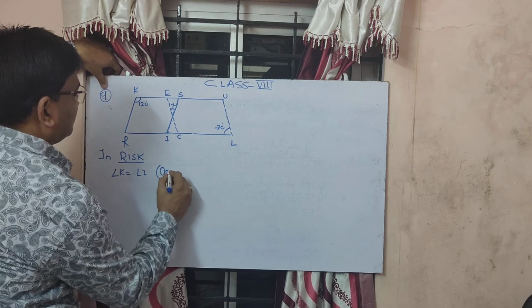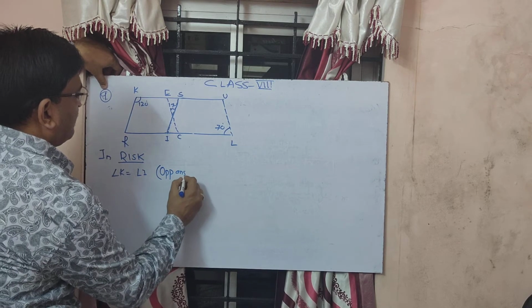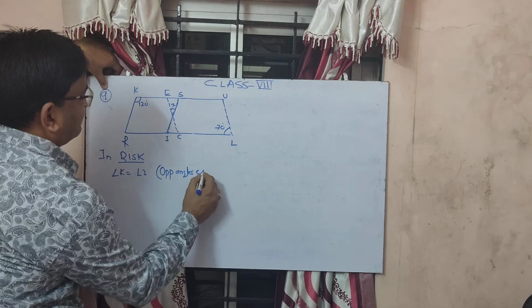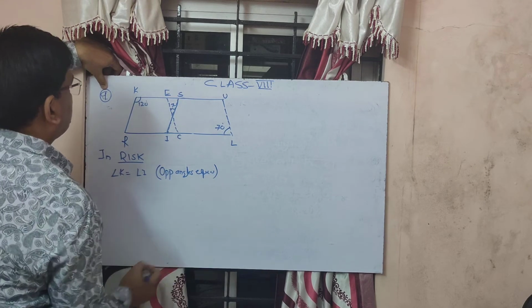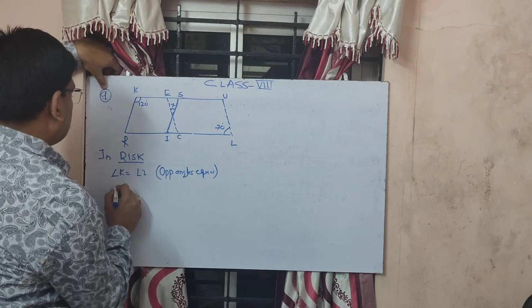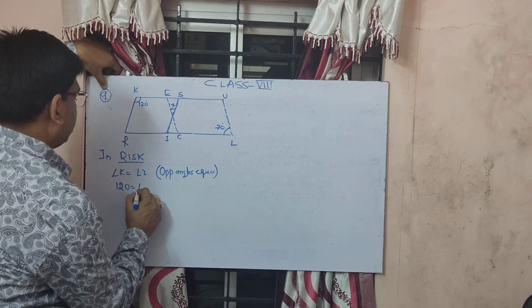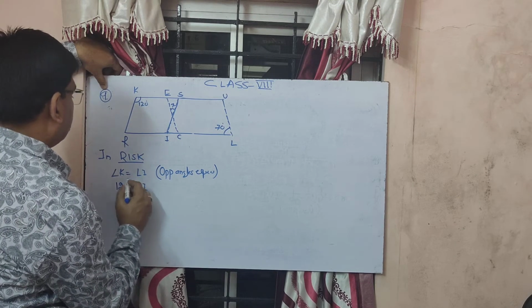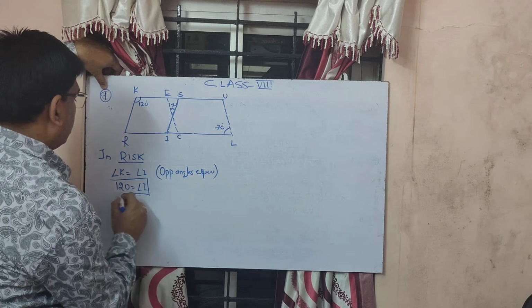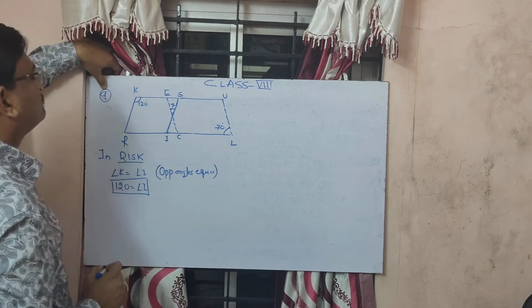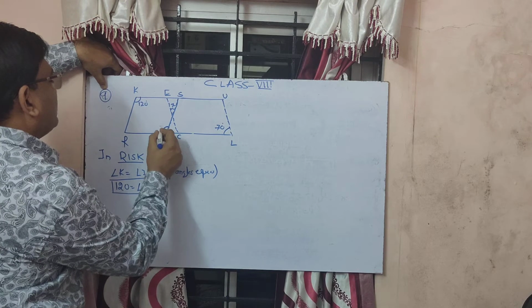Opposite angles equal. Angle K is 120 degrees. So therefore angle I is 120 degree. Now we know one.